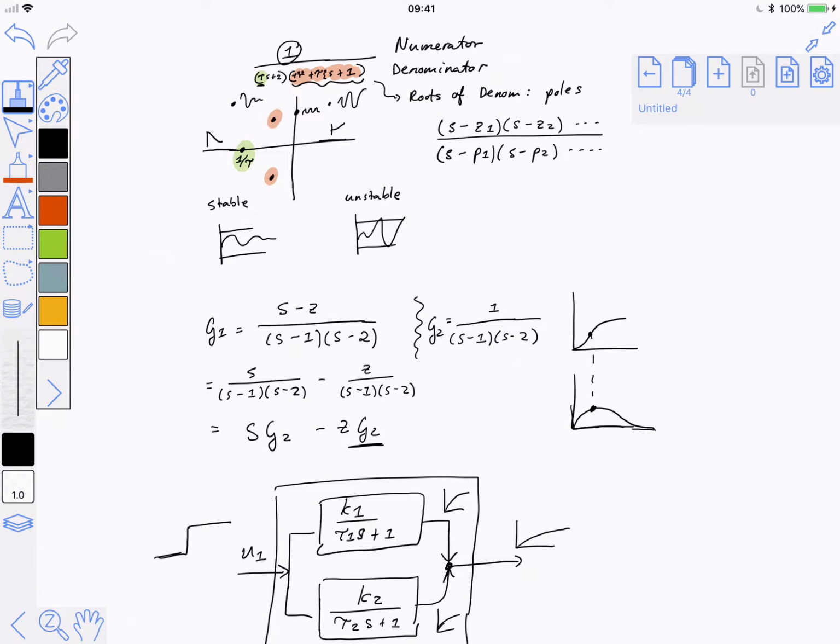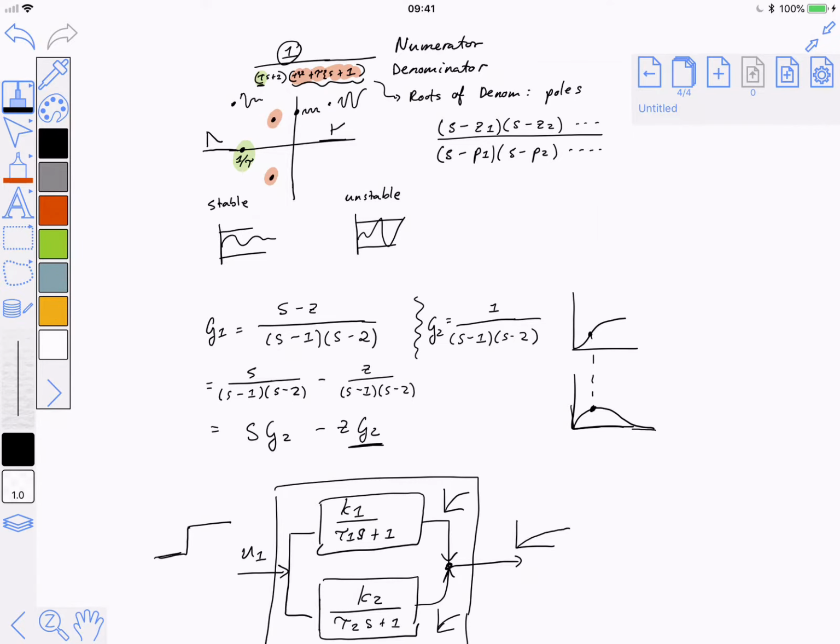And so what that means is if you have small time constants in the numerator, the behavior will basically be dominated by just the pole behavior. If you have large time constants in the numerator, the derivative behavior will dominate or will become more pronounced.